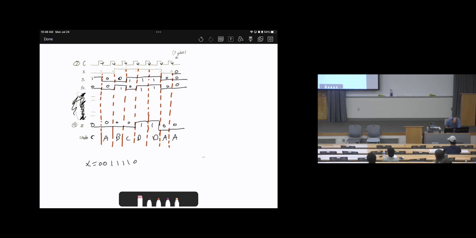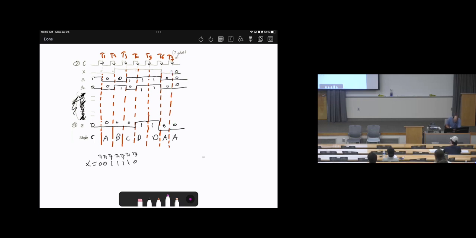So the corresponding sequence will be for the 7 pulses. Here, let me call it, this is T1, T2, T3, T4, T5, T6, T7. You see the last one will not be included because it will be for the next cycle.